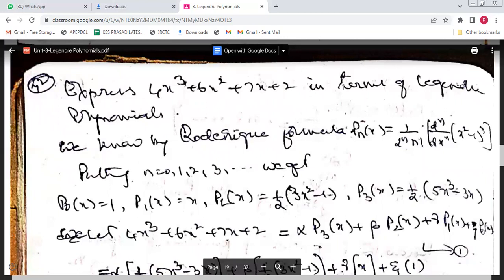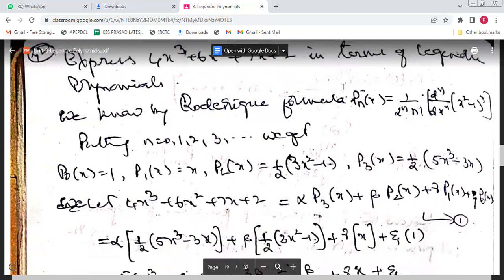Now 4x cubed plus 6x square plus 7x plus 2 can be written as some constant times P3 of x, plus a constant times P2 of x, plus a constant times P1 of x, plus a constant times P0 of x. So alpha times P3 of x, which we replace by 1 by 2 into (5x cubed minus 3x), plus beta into P2 of x replaced by 1 by 2 times (3x square minus 1), plus gamma times P1 of x, which is x, plus xi times P0 of x, which is 1.